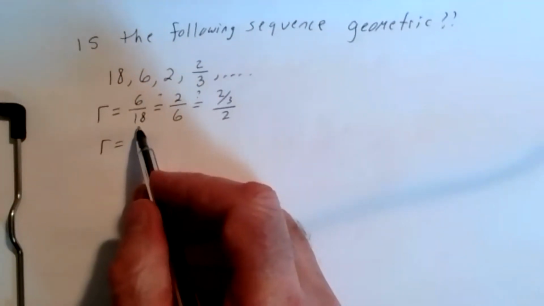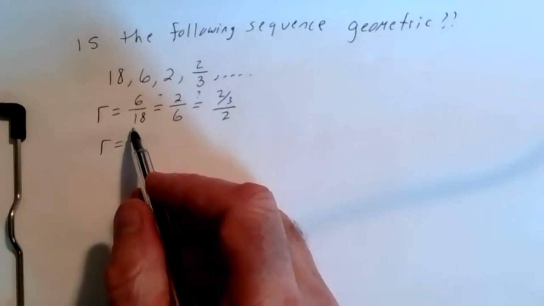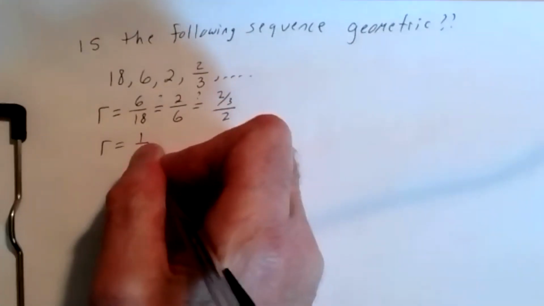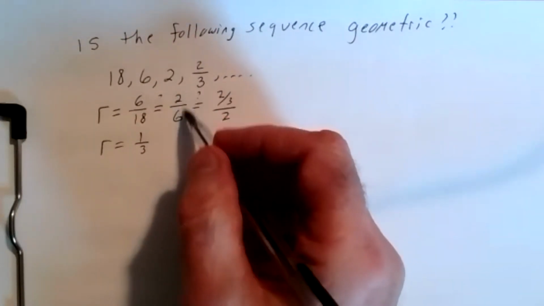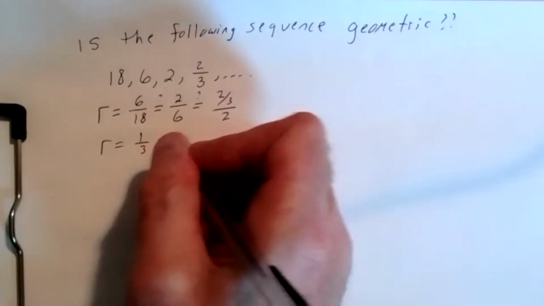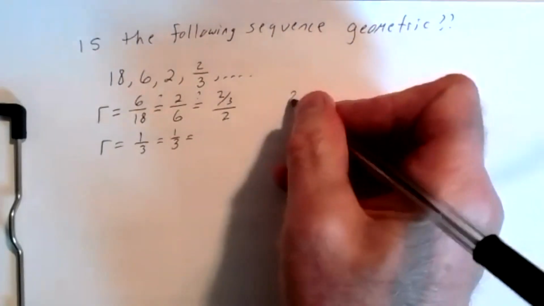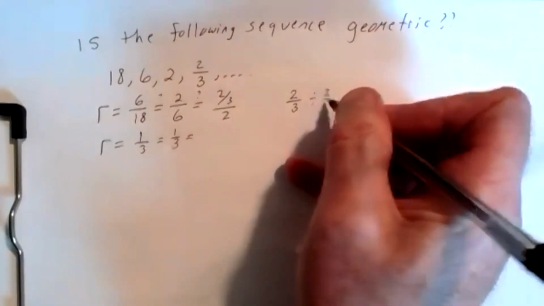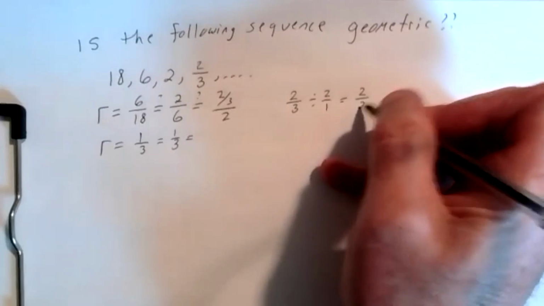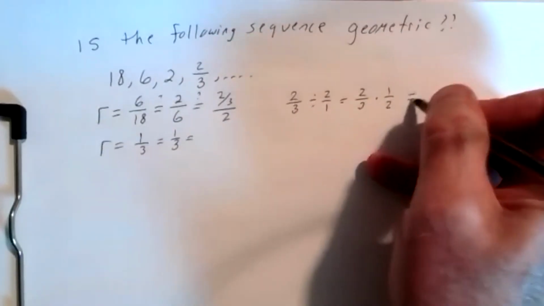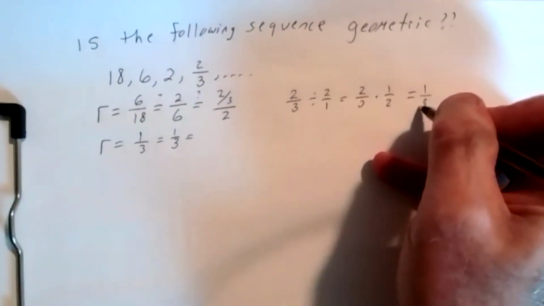What does that reduce down to? 1/3. Is 2 divided by 6 also 1/3? Looks like it is. Is 2/3 divided by 2 equal to 1/3? 2/3 divided by 2 over 1 is 2/3 times 1/2, which, believe it or not, is also 1/3.